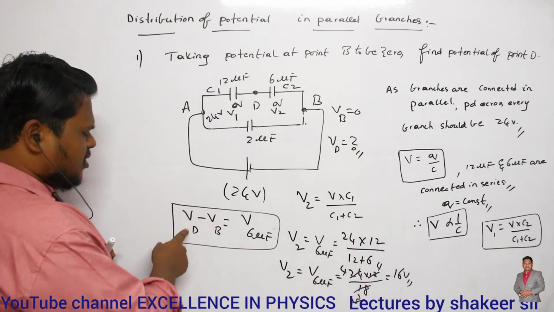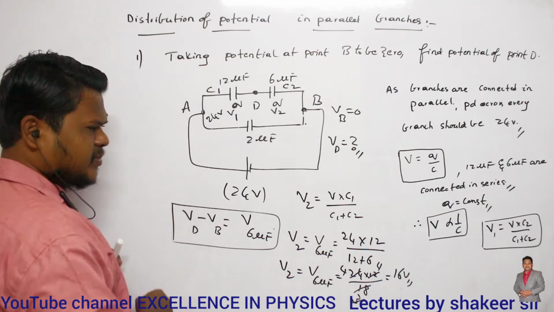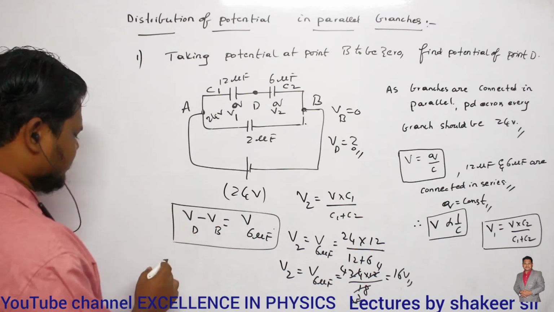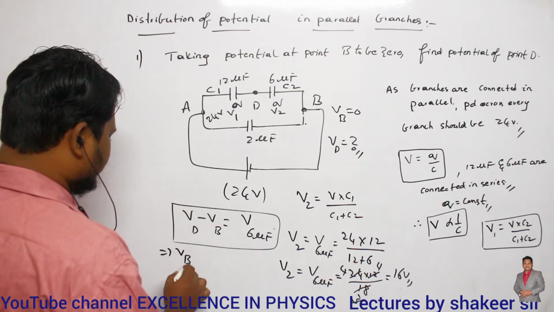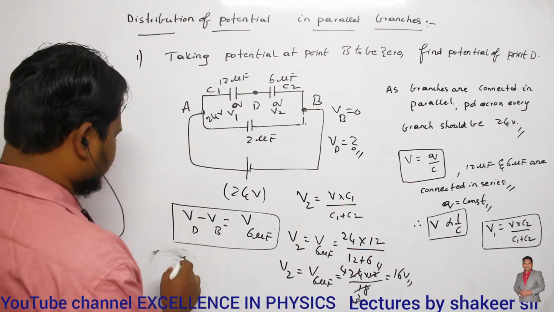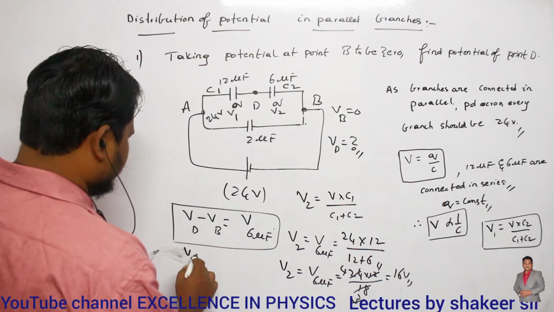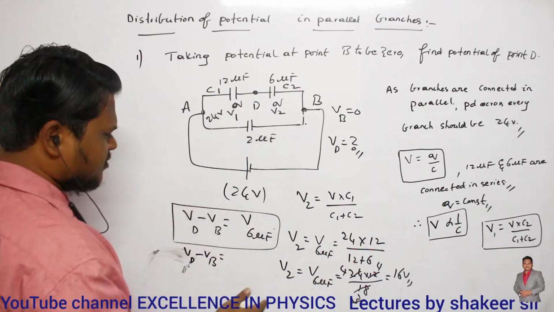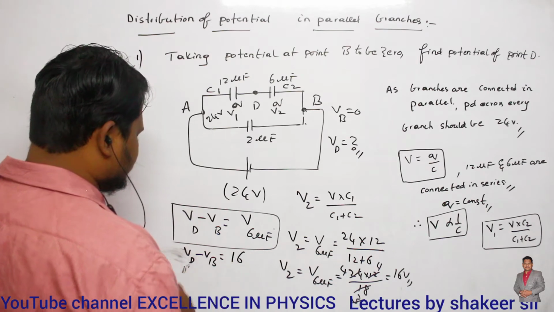Now can't you calculate the potential at point D? This relation we have already written, no? Substitute here. So VD minus VB is equal to nothing but the potential difference across the 6 microfarad capacitor, which is 16 volts.